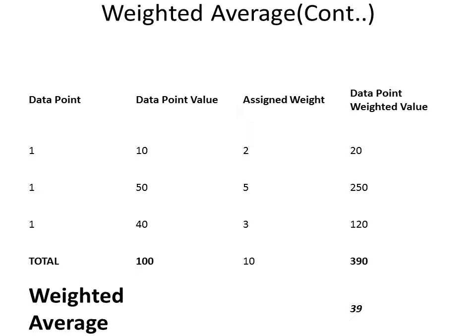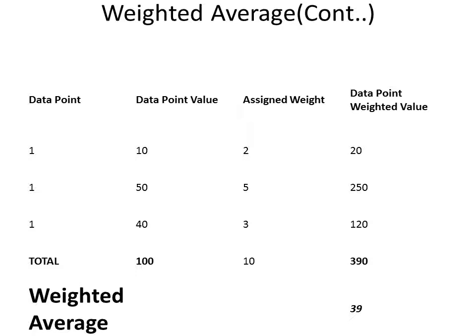And third, data point value 40 is multiplied with the assigned weight 3, which gives the result 120. Coming to the total, the data point total value is 100, the total of assigned weights is 10, and the total of weighted values is 390.